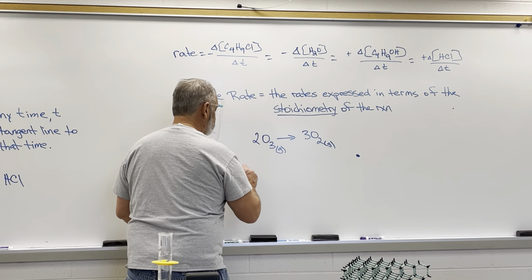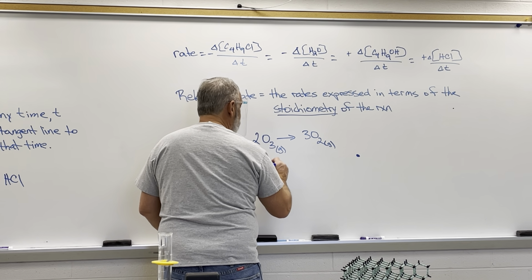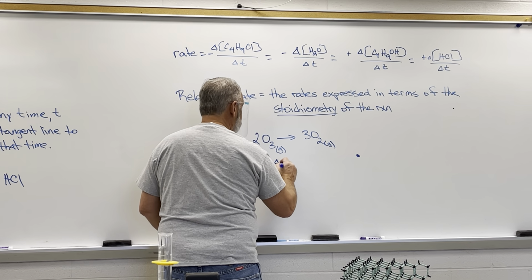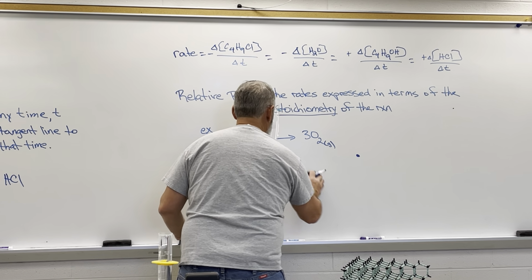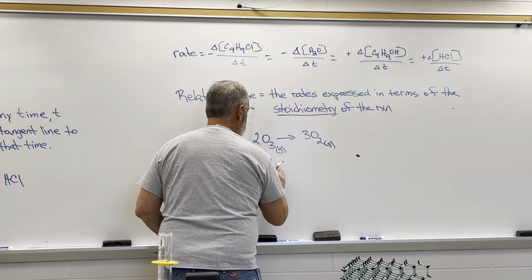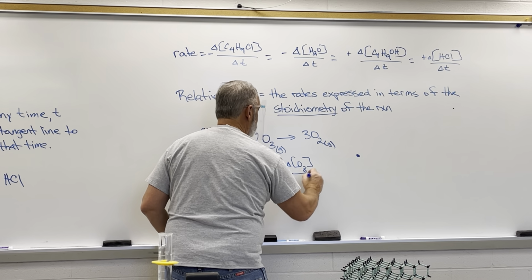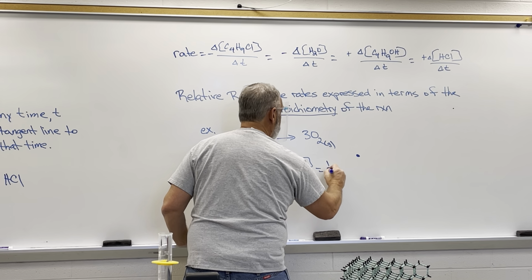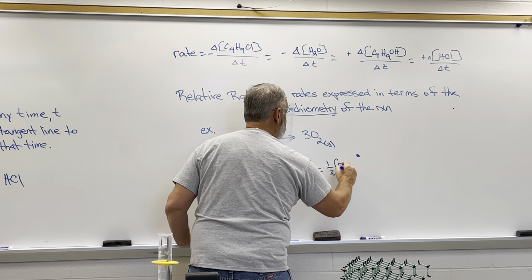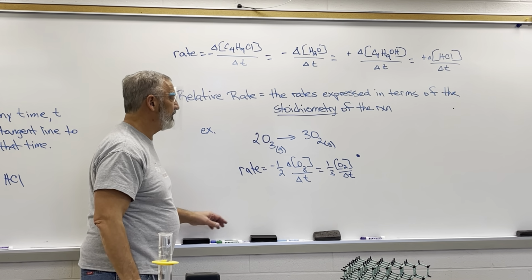So we're going to say the rate is equal to the negative change in concentration of O3 divided by, actually let me change that. We're going to do it this way. Negative 1/2 times the change in concentration of O3 over delta T is going to equal the positive 1/3 times the change in concentration of O2 over delta T. Okay?